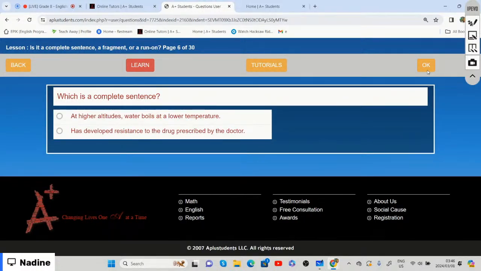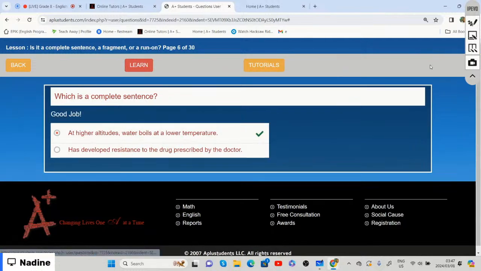Which is a complete thought. And remember, a complete sentence has a subject and it has a verb, right? It expresses a complete thought. And it says at higher altitude, water boils at a lower temperature, or has developed resistance to the drug prescribed by the doctors. So we will choose the first option because the second one seems like there's something missing.